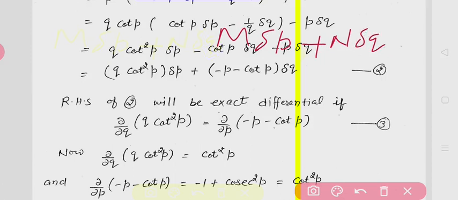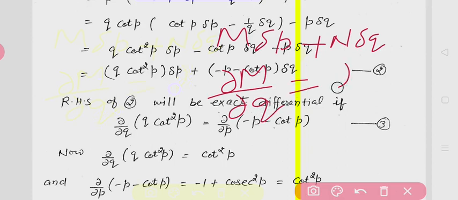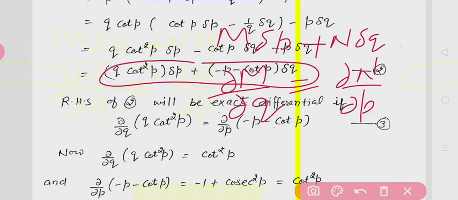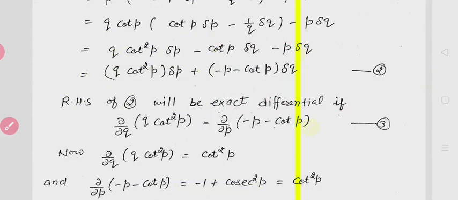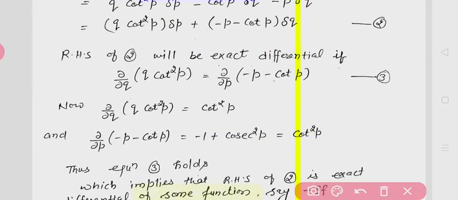So that means if the partial derivative of m with respect to q and the partial derivative of n with respect to p are equal, then the given function will be the exact differential of some function. Okay, so I will say that its partial derivative with respect to q should be equal to the partial derivative of this with respect to p.